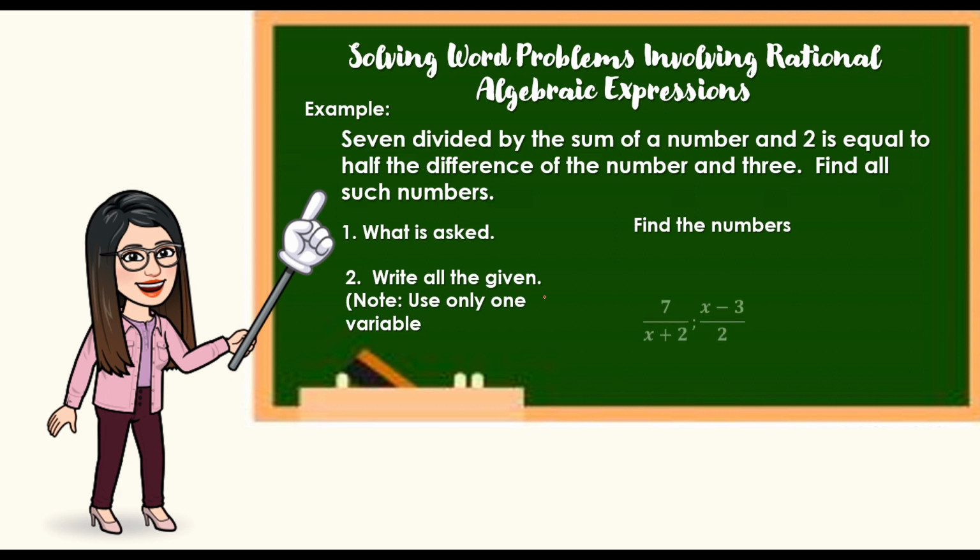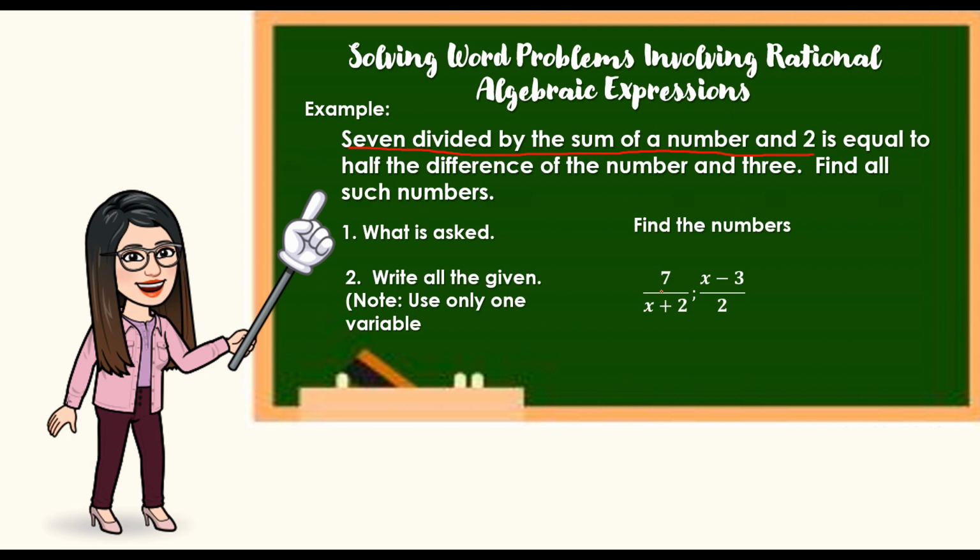Okay, so let's have this one. So where did we get this one? So 7 all over x plus 2 and x minus 3 all over 2. So 7 all over x plus 2 is here. 7 divided by the sum of a number and 2. So our number here is x.